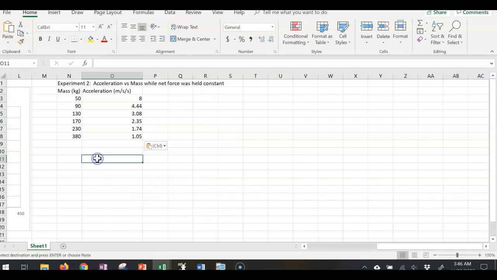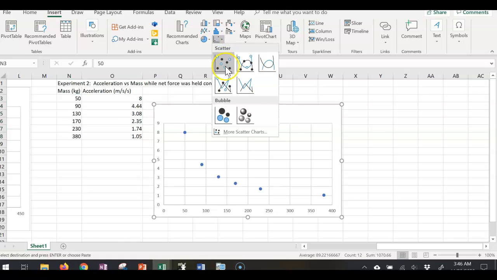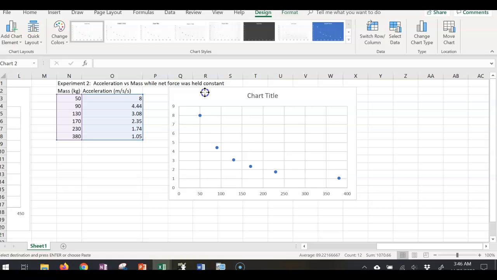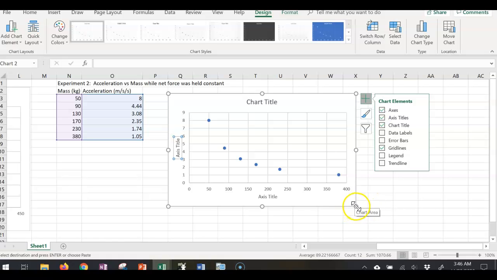Okay, so type in your data for all of your values of mass, and then we want to get a scatter graph. So I'm going to select my data, and I'm going to go insert a scatter plot just to see the data points. And look at this. It is a nice curve of some sort.